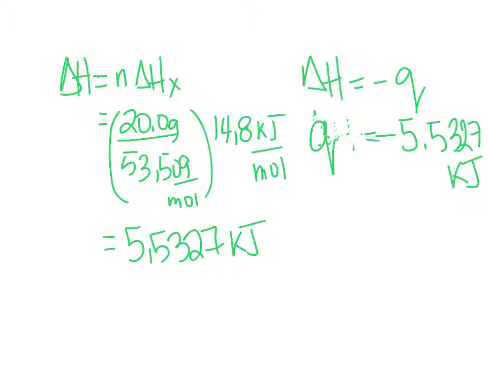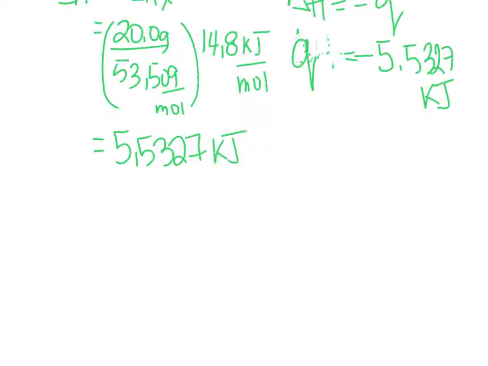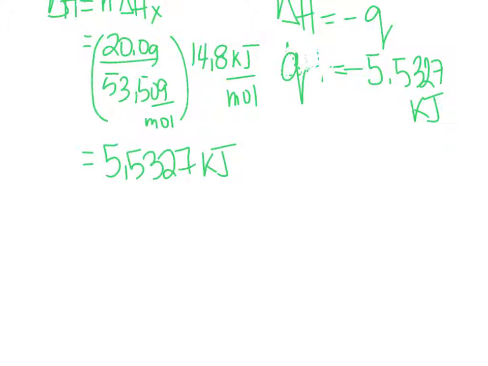So we found delta H. Delta H is equal to negative Q, so Q is equal to negative 5.5327 kilojoules. Now, going to plug that in. Q is equal to mc delta T. It's water.